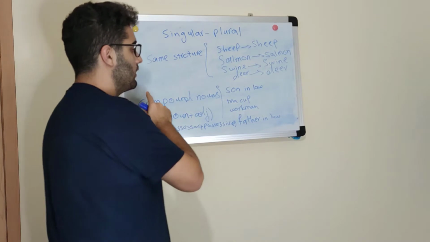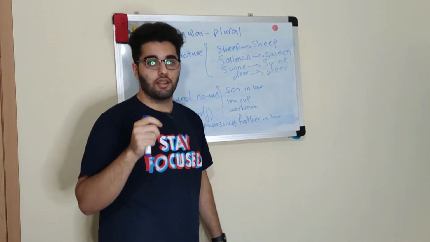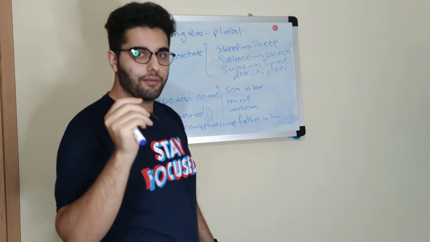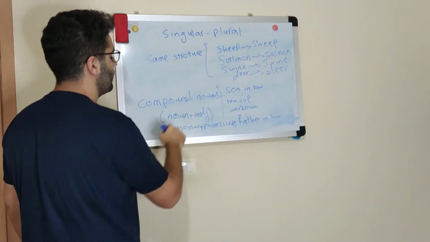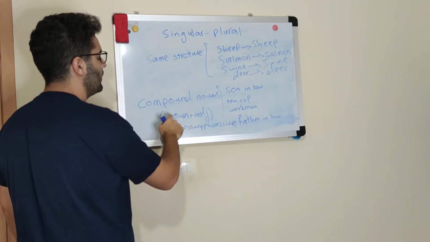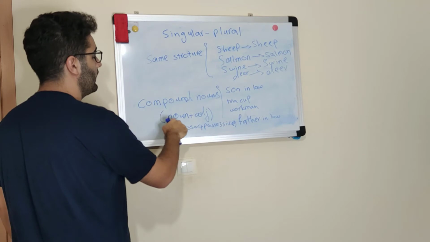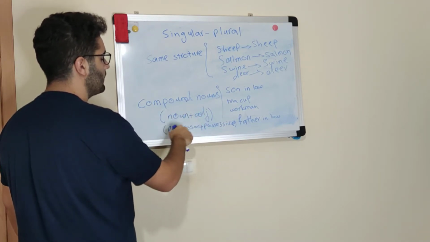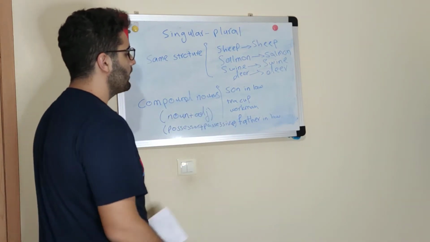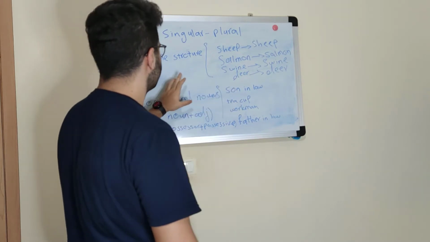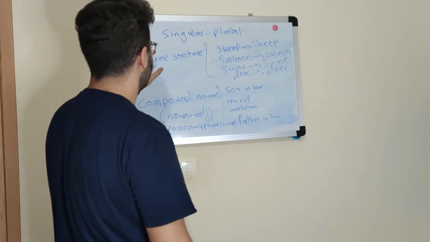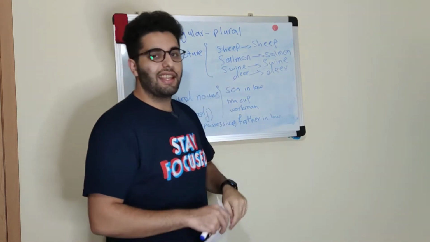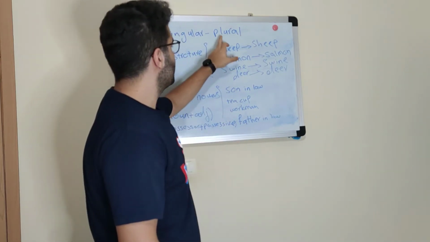Next group, which is one of the important ones, and I want you to pay attention to it carefully, is the compound nouns. Compound nouns could be formed of noun plus adjective or possessor plus possessive. In these words, we add the s in order to turn the noun into plural.